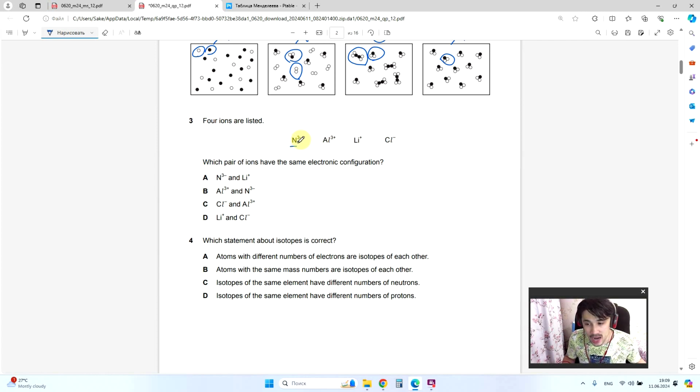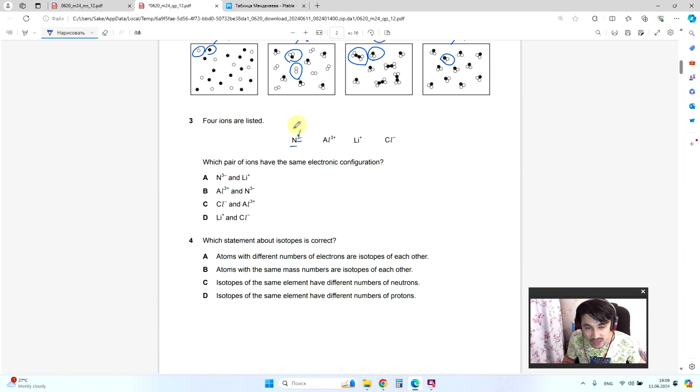So nitrogen ion is produced, exactly this ion, when electrons are gained. So the number of electrons gained also refers to the charge. So 3 minus means 3 electrons are gained. So negative charge means there are more negative particles.